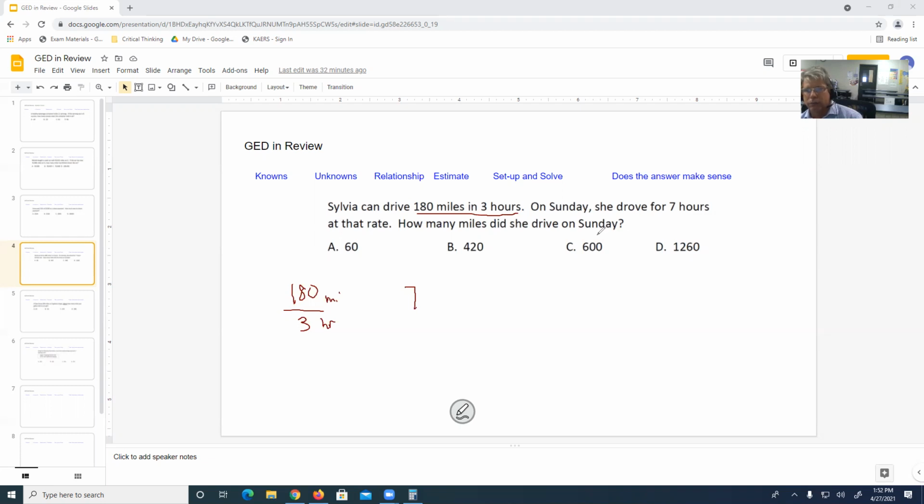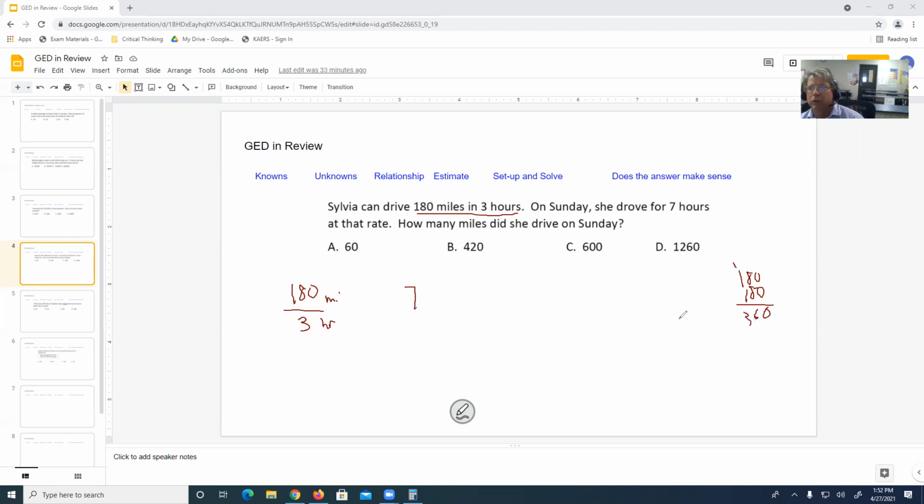So we know it's got to be over 180 because in 3 hours she can drive 180. So 7 hours she's obviously going to drive more than 180. And 6 hours would be like what? 180 and 180 would be like, what is that? So if I double that, I could use the calculator.